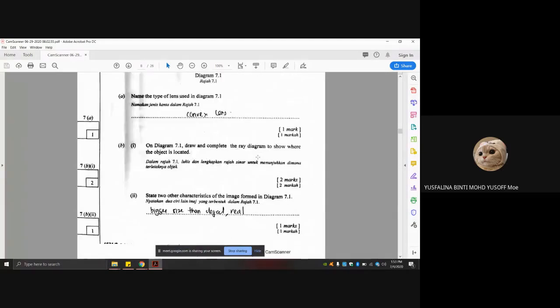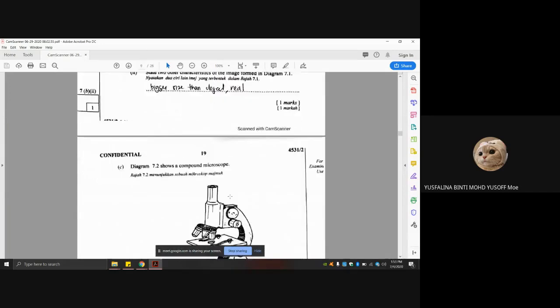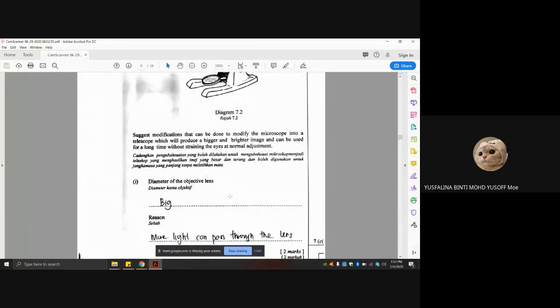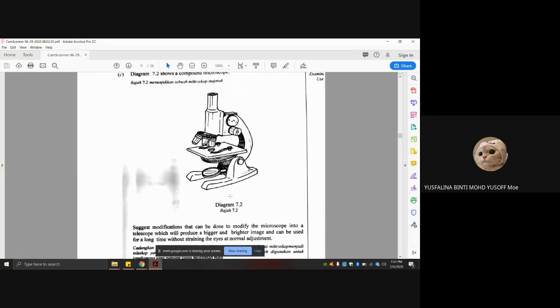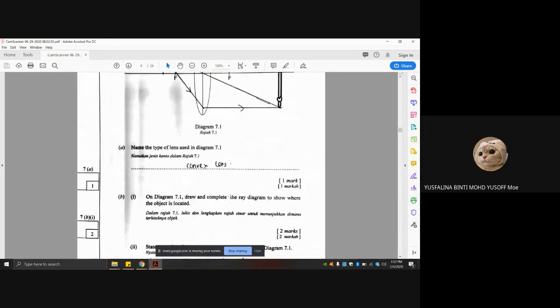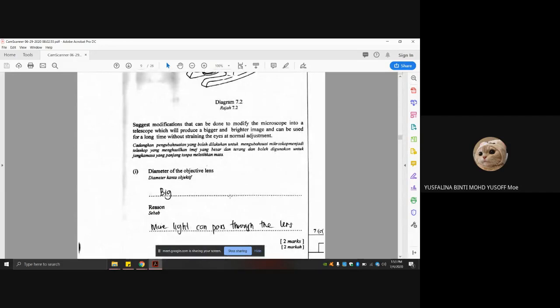This is the convex lens, so this is called the diameter. The diameter of the convex lens should be bigger. Why? So more light can pass through the lens, and you will produce a brighter image.